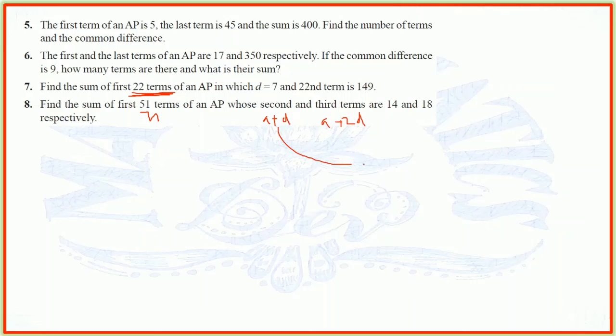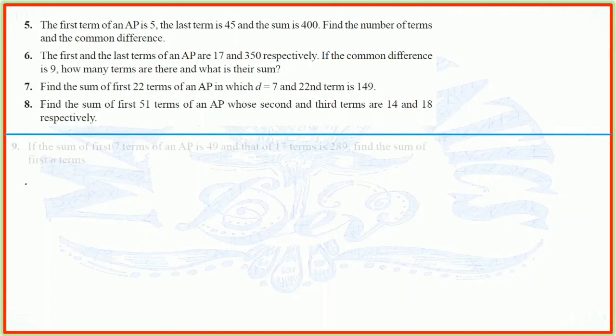Here a plus d is 14 and a plus 2d is 18. So you will be using these two equations and you will get d from here. After subtraction, a will cancel. Then directly you will use the formula Sn is equal to n by 2 into 2a plus n minus 1 into d. I hope it is clear.